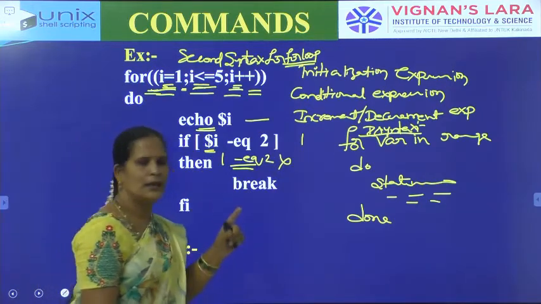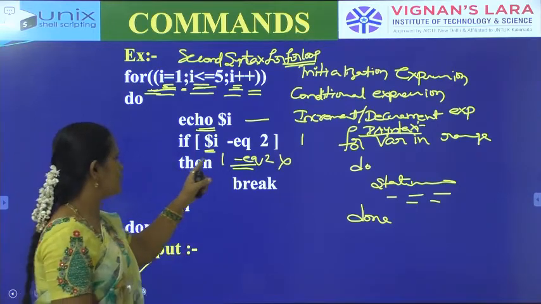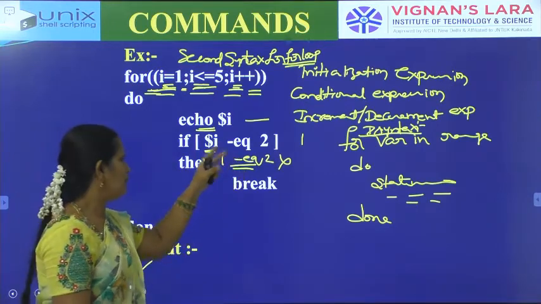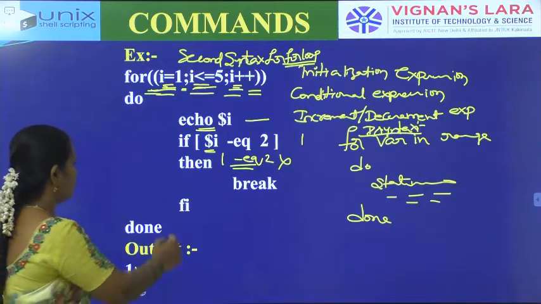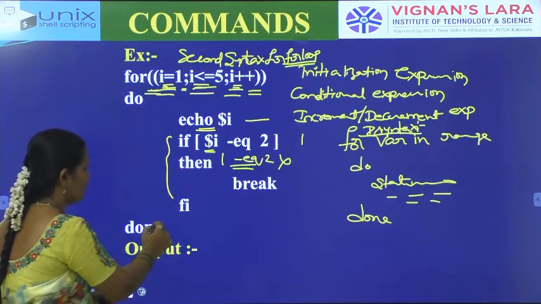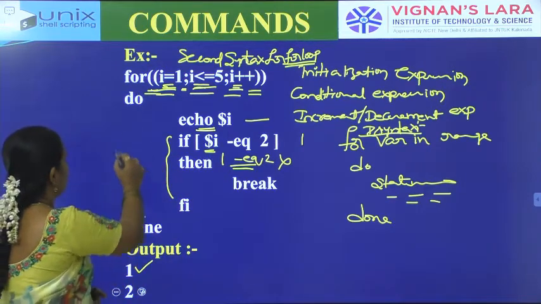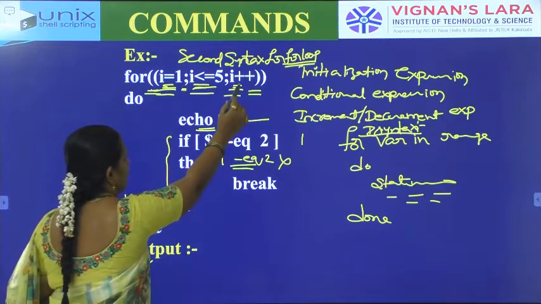Here 2 equals 2 means the condition returns a true value. Then it is going to execute the break statement. Break means it is going to terminate the execution of the entire for loop.